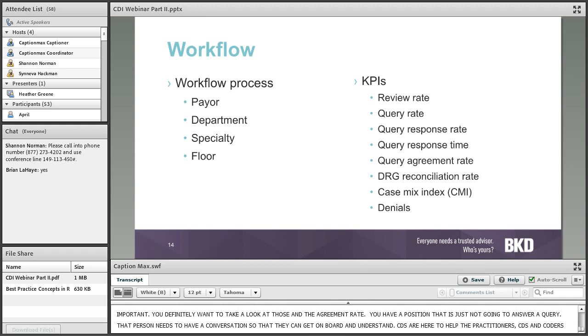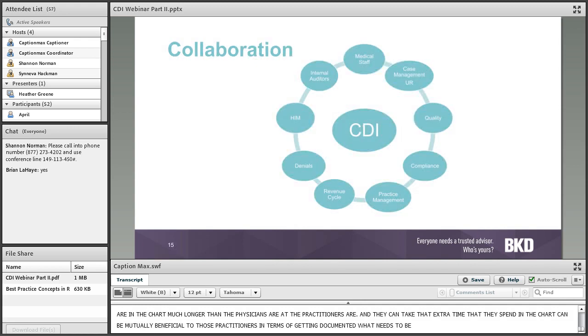And the agreement rate. You have a physician who's just not going to answer a query. That person needs to have a conversation so that they can get on board and understand. CDS are here to help the practitioners. CDS and coders are in the chart much longer than the physicians and the practitioners are, and that extra time they spend in the chart can be hugely beneficial to those practitioners in terms of getting documented what needs to be documented.